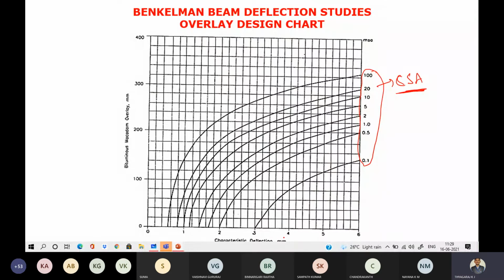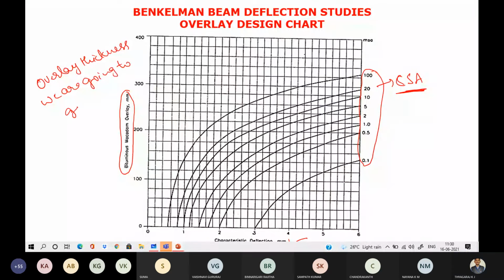In the x-axis, you can observe the characteristic deflection, and always remember the overlay thickness we are going to get in terms of BM, that is, bituminous macadam.